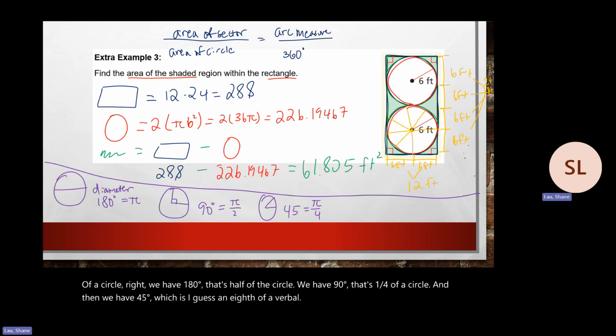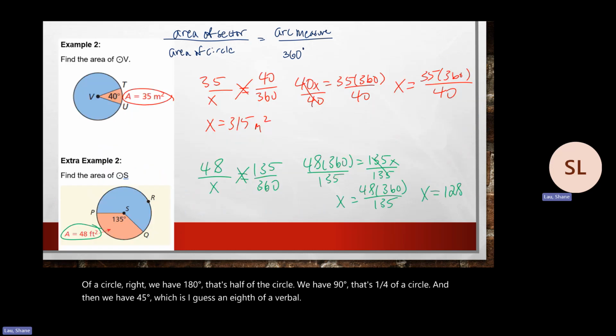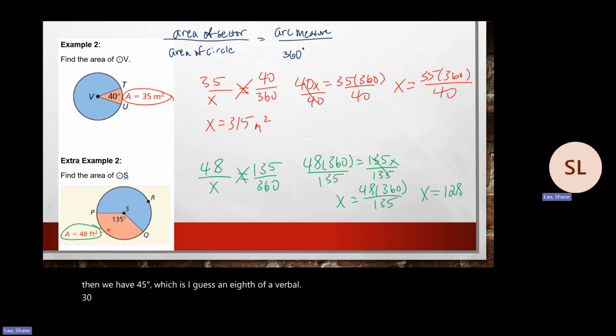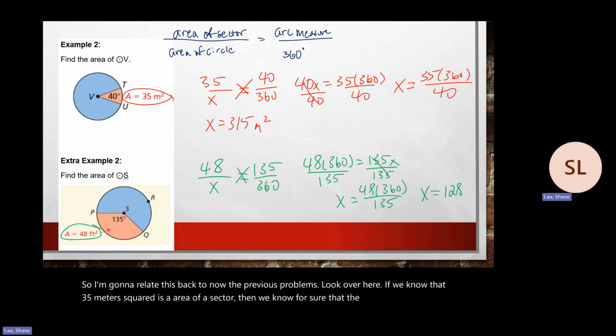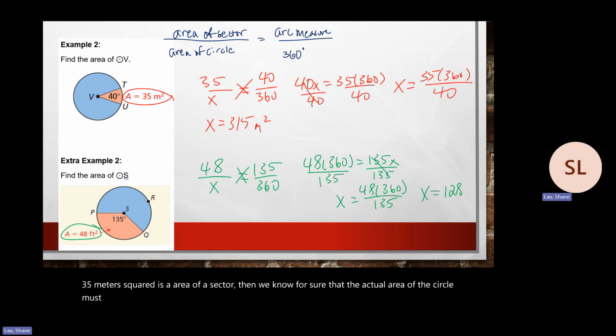So I'm going to relate this back to the previous problems. Look over here. If we know that 35 meters squared is the area of a sector, then we know for sure that the actual area of the circle must be larger than 35 meters squared. The same can be said the other way around.